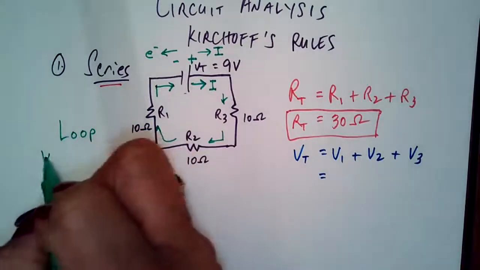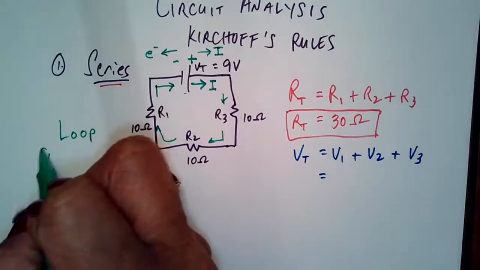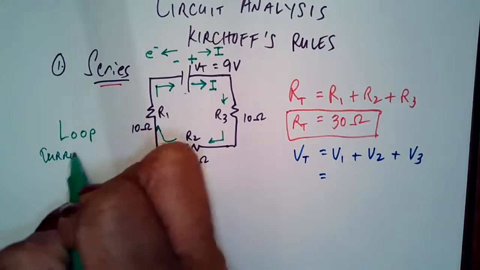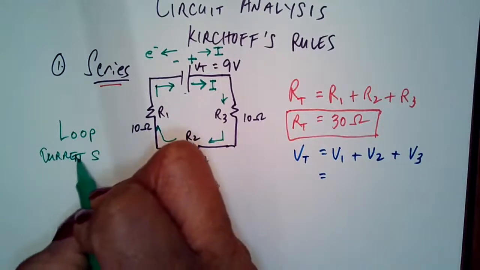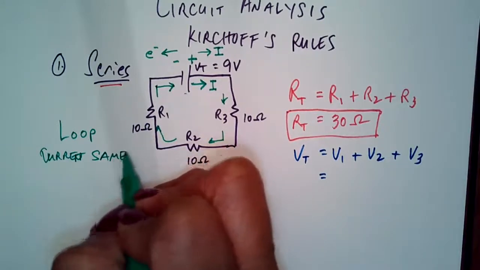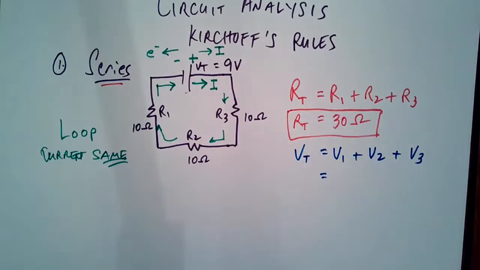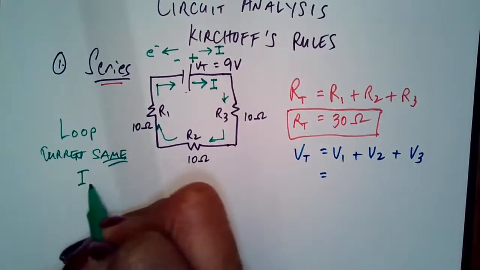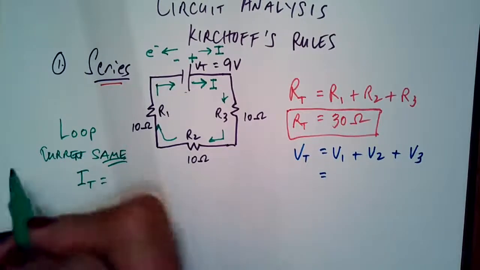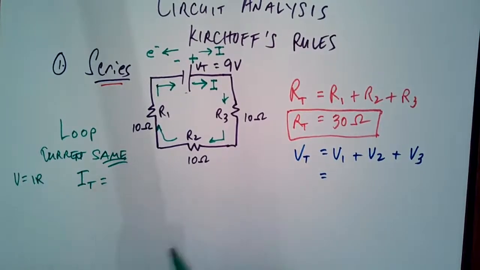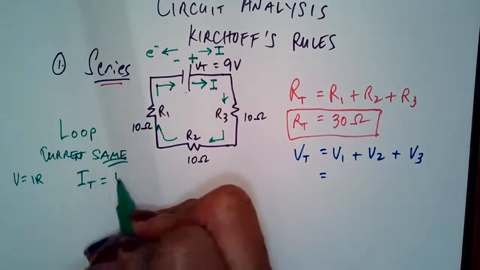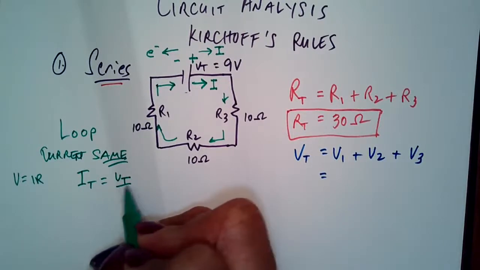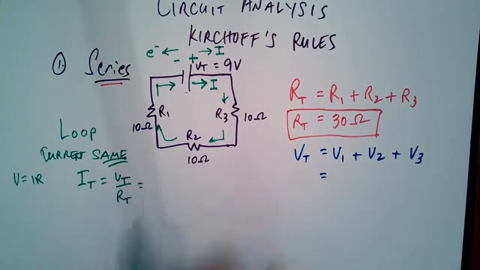The current will be the same as the total current that is running through the circuit. So we can calculate the total current using Ohm's law, V equals IR. The total current is the total voltage divided by the total resistance.